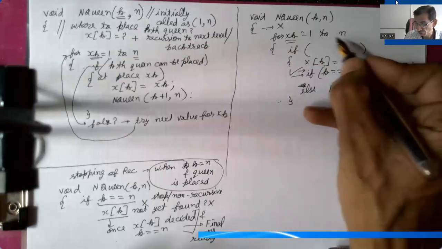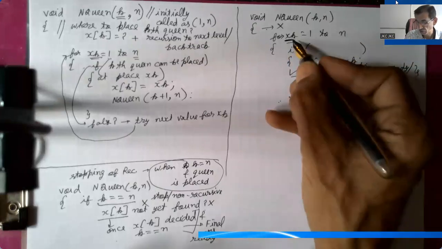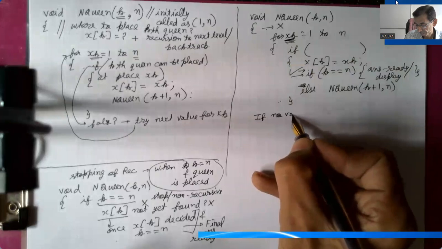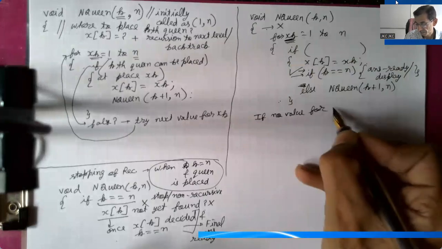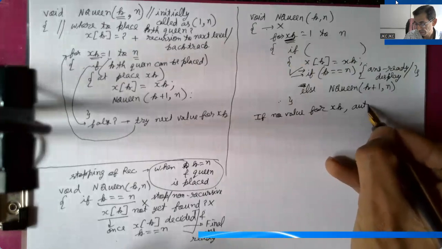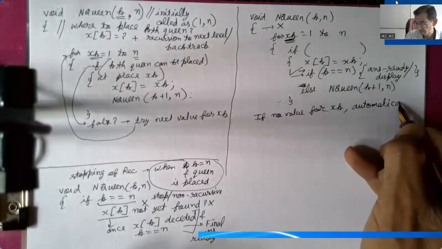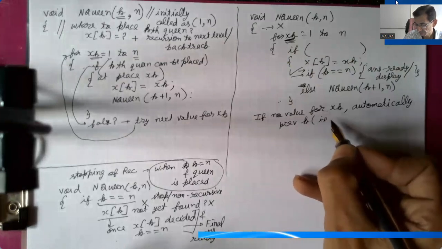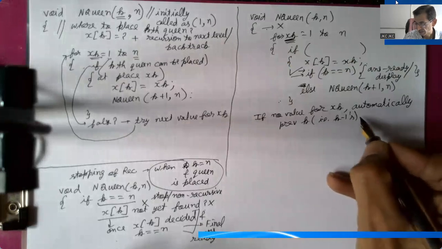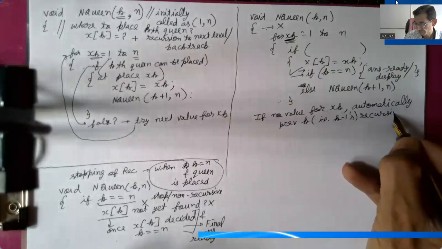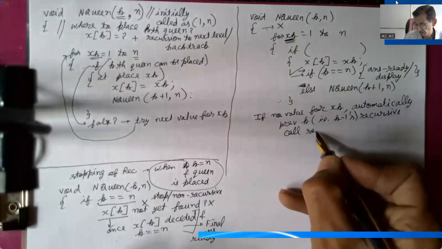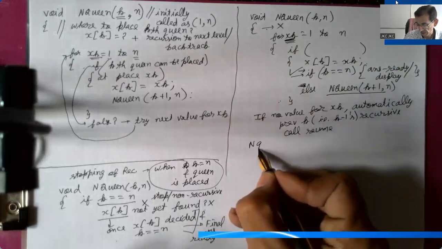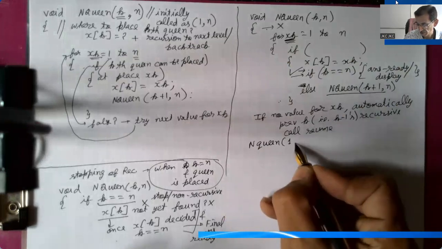If no value is found for xk, automatically the previous k, that is k minus 1, that recursive call will resume, and the procedure will automatically go on. Like from here, n queen 1 will start.